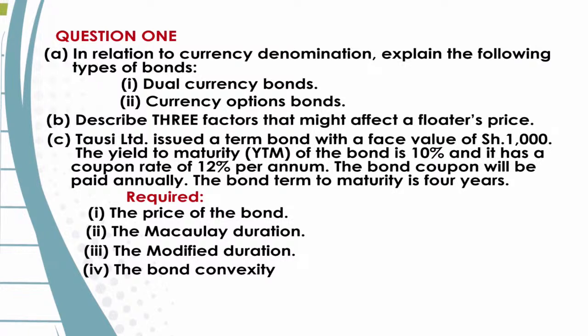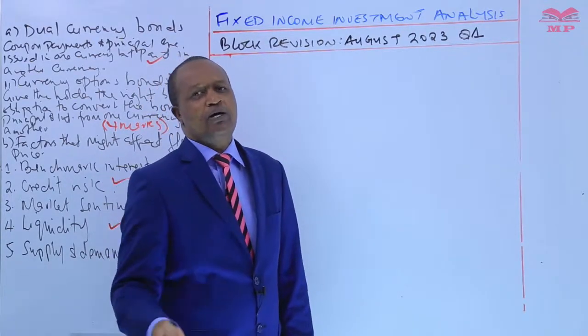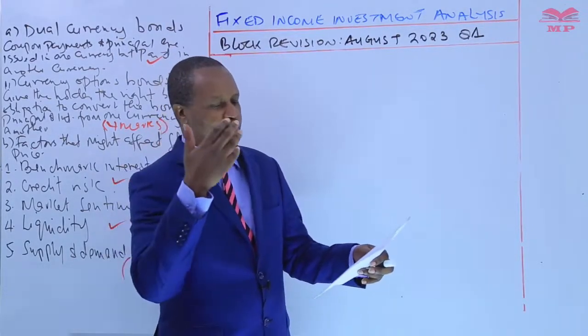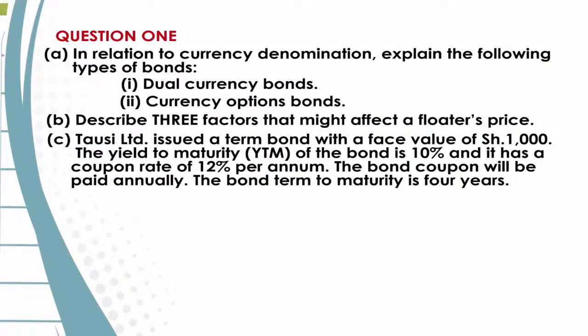1C. We are given details regarding a term bond with the face value of 1,000 shillings. So what is the price of the bond? We all know by now, candidates, that the price of the bond is the present value of the principal amount and the coupon amount. We are going to discount the face value of 1,000, and then we discount these interest payments at 12%.